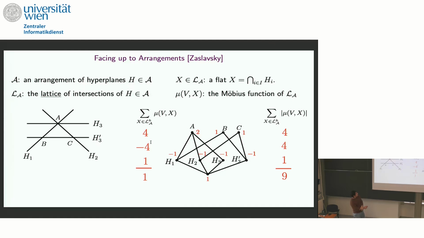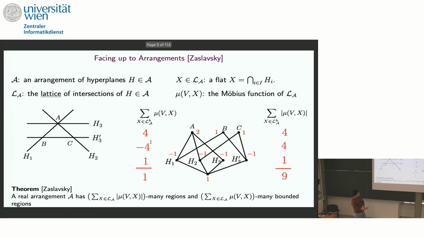If you add the actual values, you get the number 1. If you add the absolute values, you get the number 9. And those have an interpretation for the hyperplane arrangement. This object has 9 regions, and one of them is bounded. So the sum of the absolute values of the Möbius function counts how many regions you have, and the sum of the values of the Möbius function counts how many bounded regions you have, up to a sign.